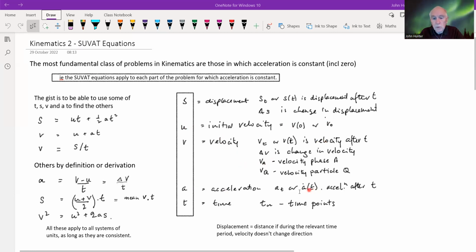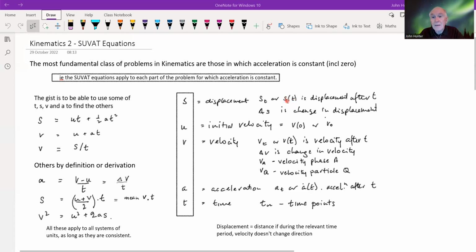Then we've got acceleration, of course, and time. Now, we have to be a little bit creative sometimes because otherwise things are going to get confusing. We may need to distinguish between the displacement at different time points. So S sub 3 would be the displacement at time t equals 3. We also may use function notation, like we've done before.